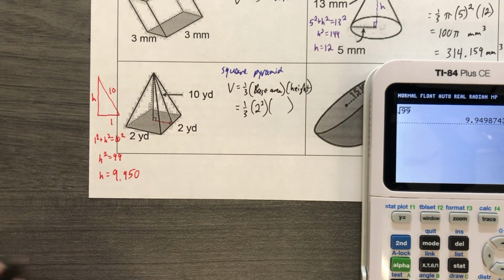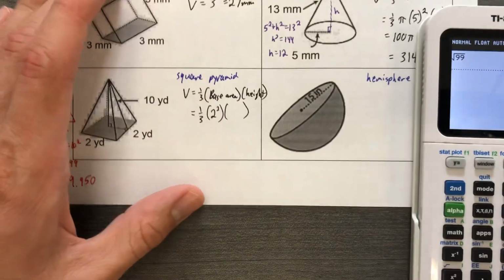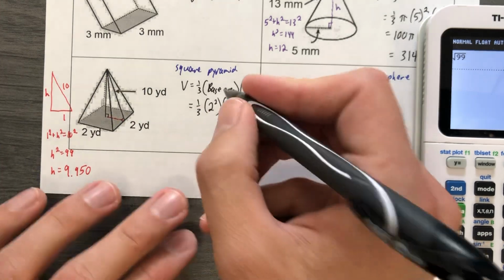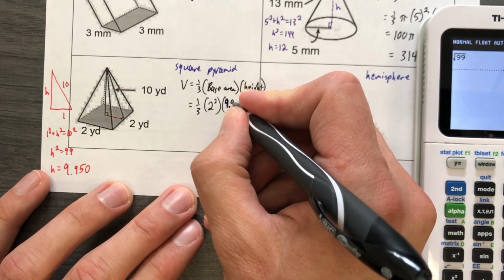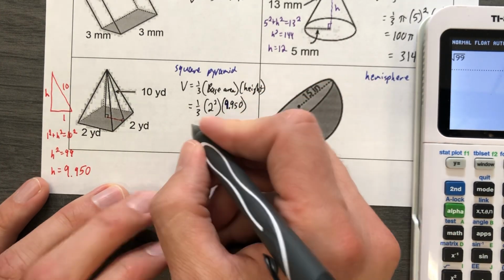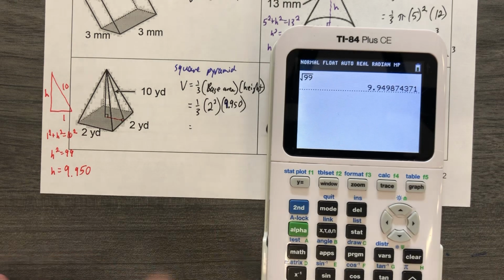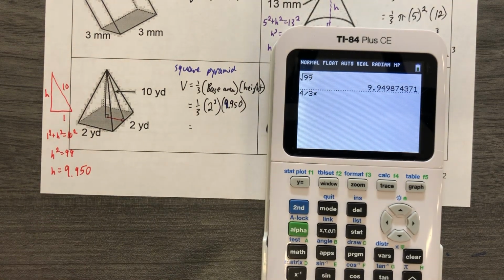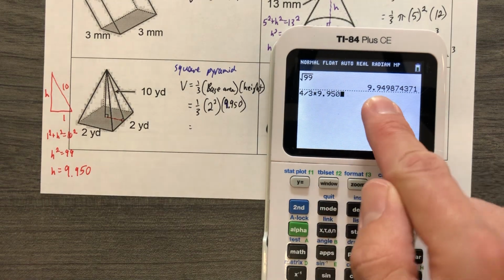9.950. We'll do that. So 9.950, and we'll keep going. So 4/3, you can do that, times 9.950. Or actually, you could get more accurate and go up and grab that last answer.